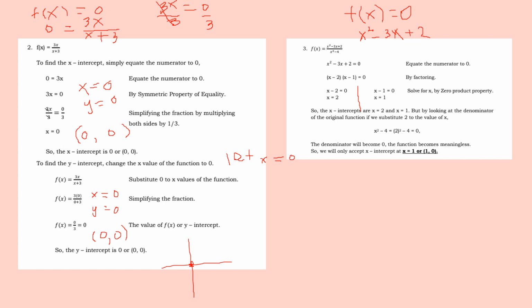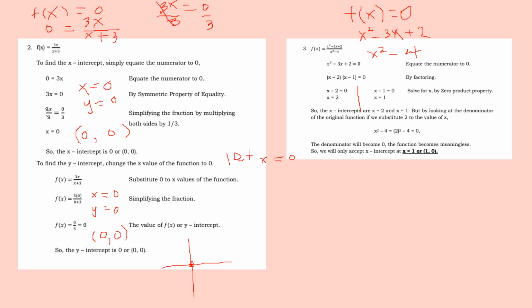Eh, kailangan mong i-test kasi ang balik ka doon sa iyong given. X squared minus 4 yung denominator mo, di ba? Kapag naghahanap ka ng x-intercept, kailangan yung x ay yung intercept na makukuha mo, yung value na x, ay hindi magiging dahilan para maging 0 ang denominator mo.